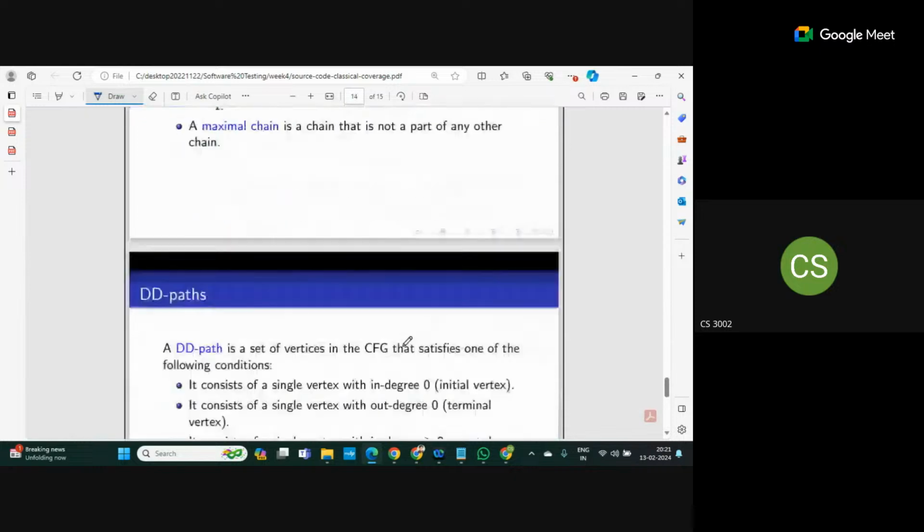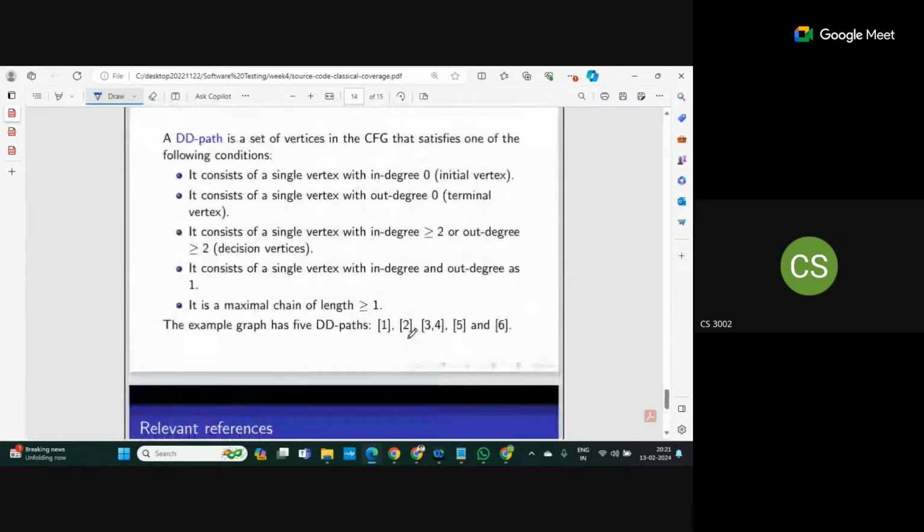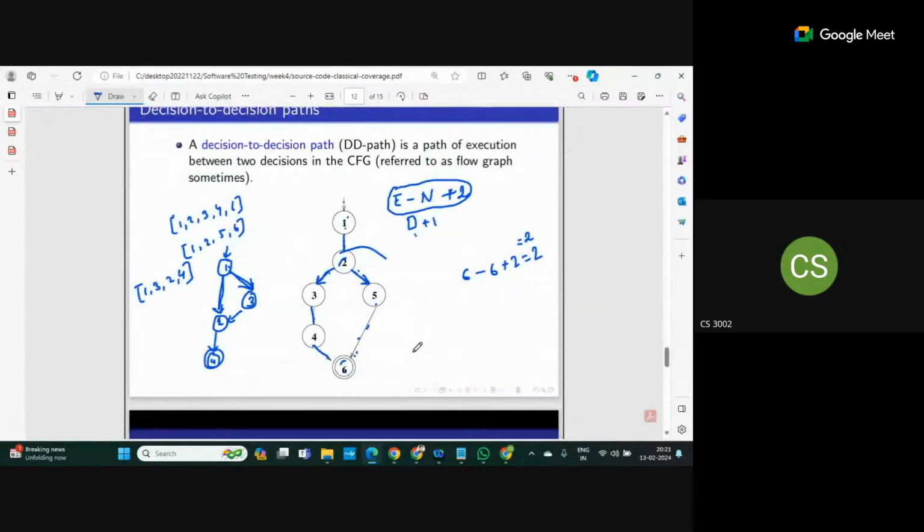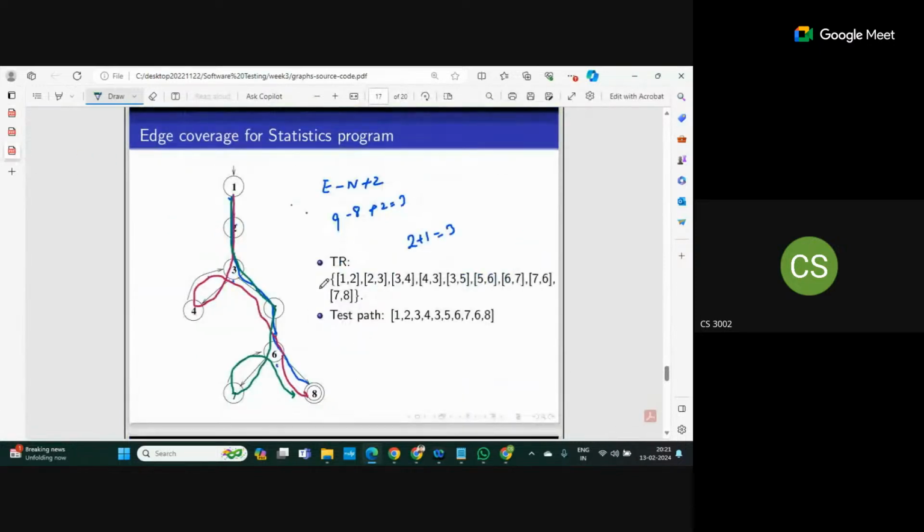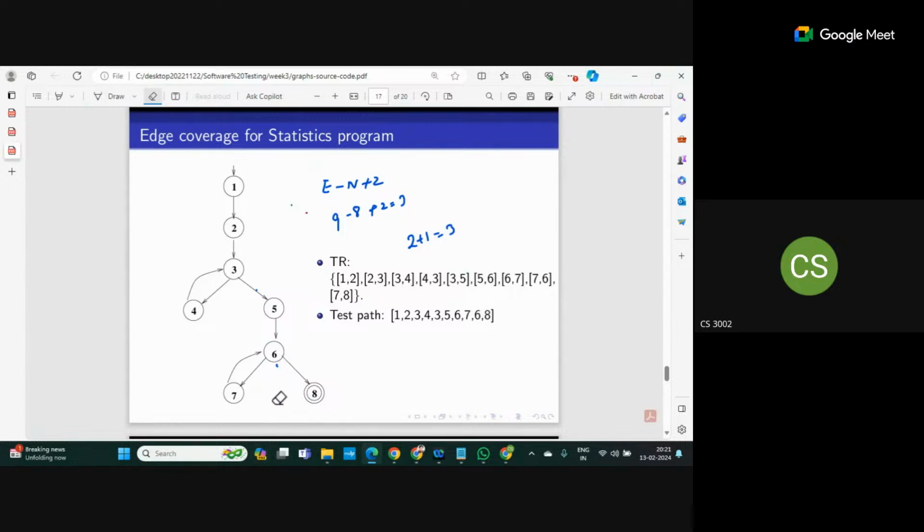So two decisions means, if I go to this graph, decision taking is happening eventually into these two nodes, right?